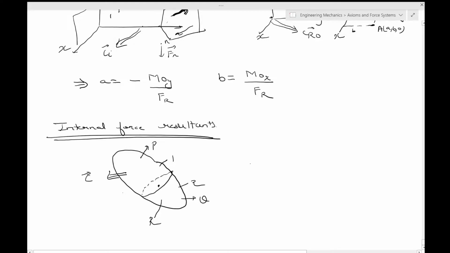So for that we take up this point as C star, which is the centroid of this area.